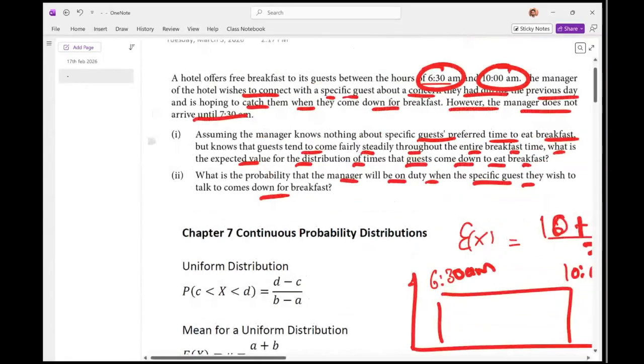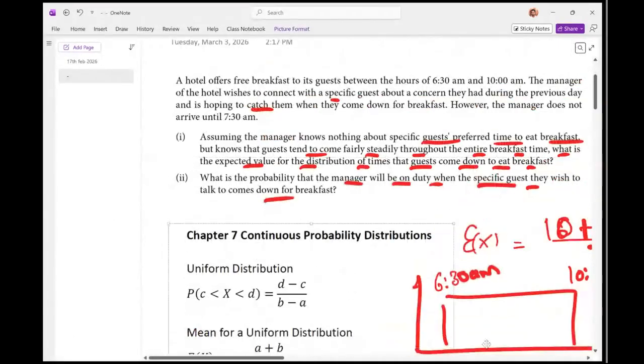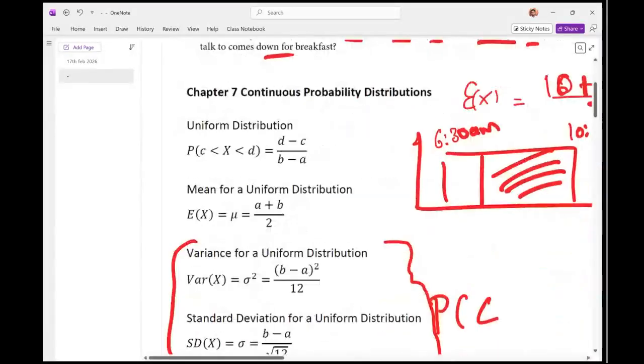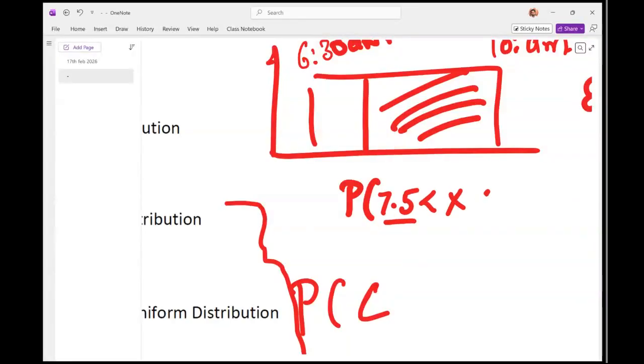All right, the manager does not come until 7:30 a.m., given to us. So he does not come until this time. This is the time he is there. So we will write it like this. Probability of him being there, that is between 7.5, because 7:30 is 7.5, and x less than 10, between this time.